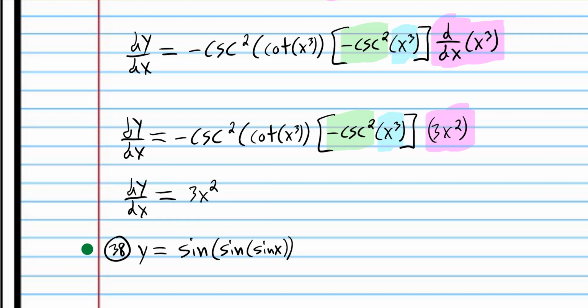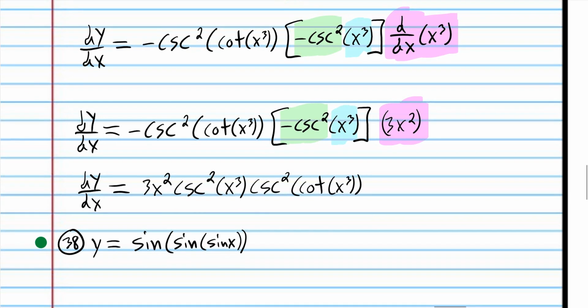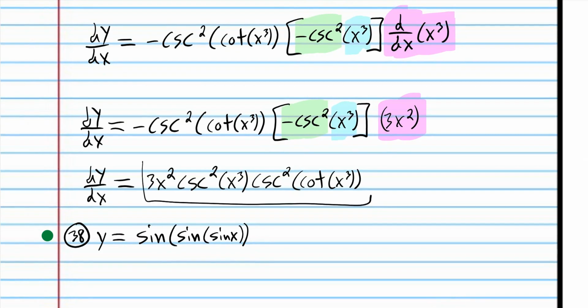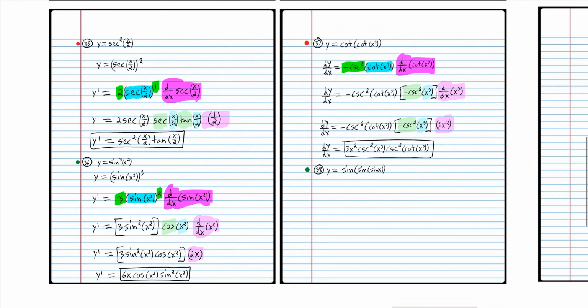And then we have cosecant squared x cubed and cosecant squared of cotangent x cubed. And there you go. That is kind of complicated. It looks complicated, but it's really not difficult. It just seems difficult. So try number 38. When you come back, we'll do it together.